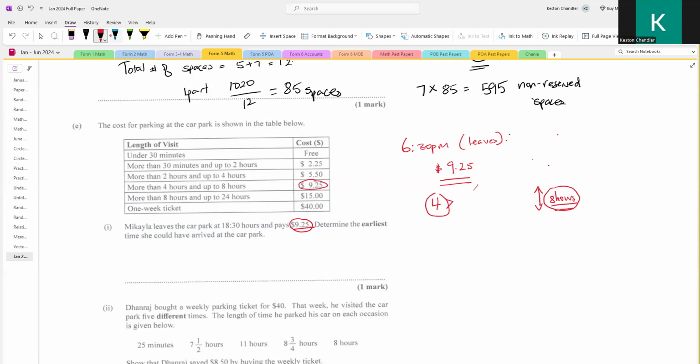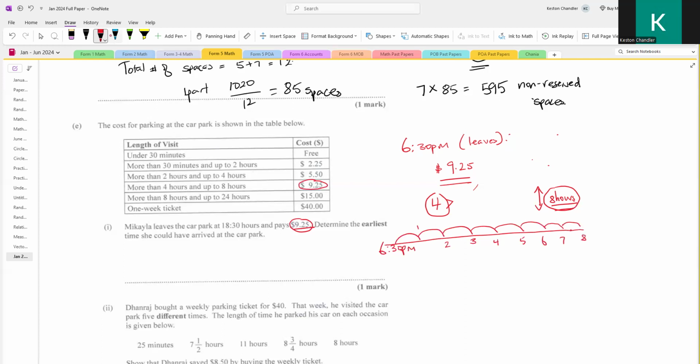So let's go backwards. I like to use a timeline when I'm doing time. It's easier to see that way. So let's do 1 hour, 2 hours, 3 hours, 4 hours, 5 hours, 6, 7, 8 hours.